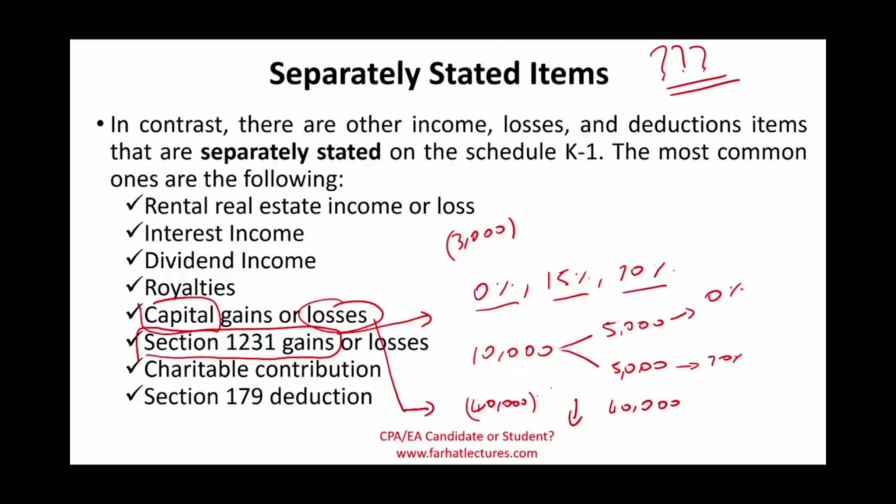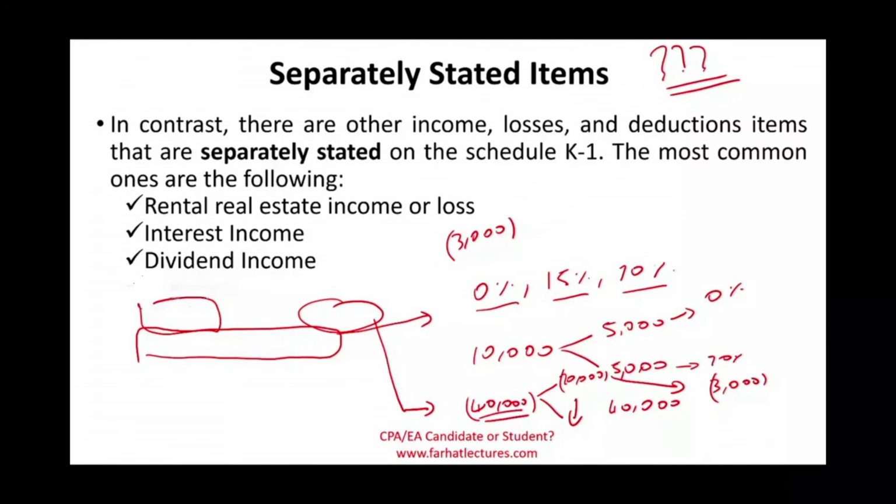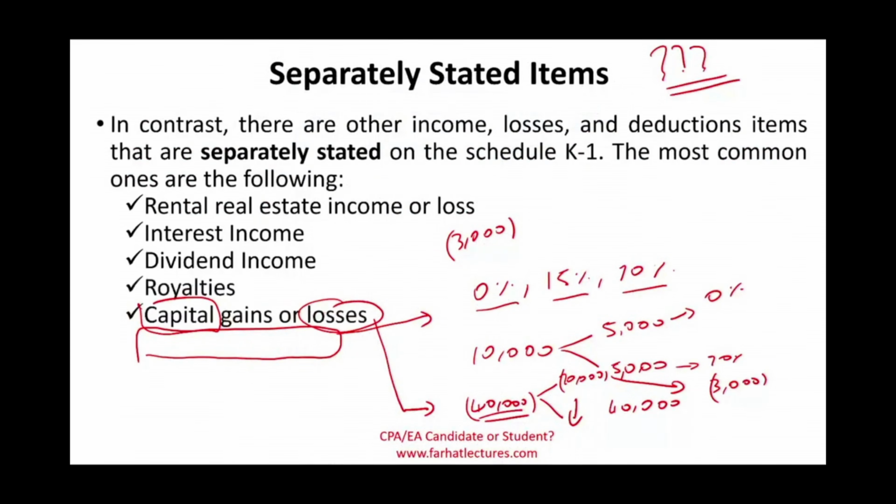But if you're a 50% owner, you'll be allocated $20,000 of that, and of that $20,000 you can only deduct $3,000 because you're limited to $3,000. But if we take this capital loss of $40,000 and deduct it here somewhere, it's going to be netted into the ordinary income, and you would be taking advantage of a $40,000 capital loss, which you cannot do as an individual.